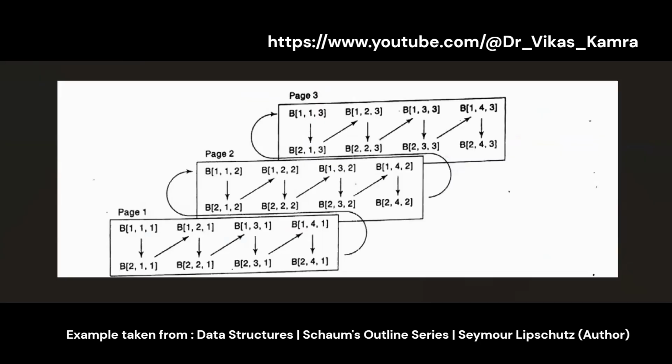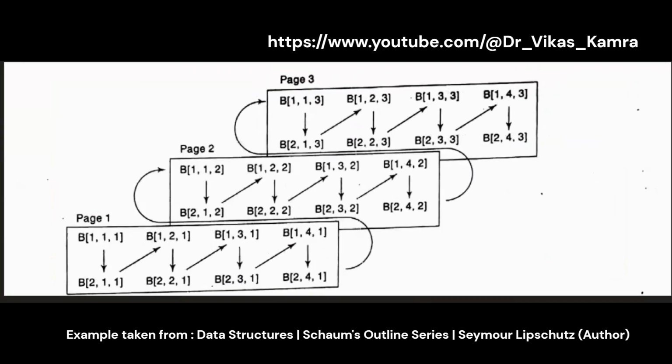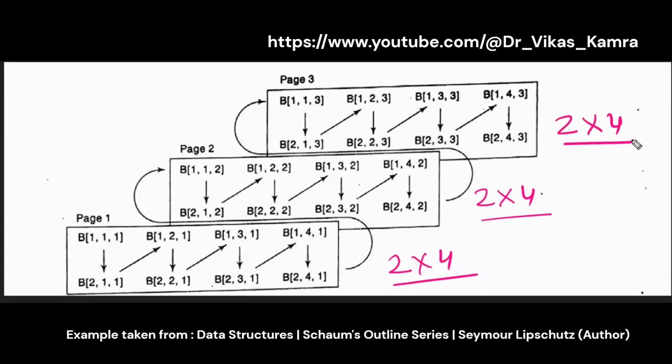So you can see this particular diagram. It is the representation of a three-dimensional array in memory. I'll explain this diagram. Here you can see this is a single page of size 2 into 4, which means it is a 2D array. It is another page of size 2 into 4. It is the second page, so the second two-dimensional array. This is the third page of size 2 into 4.